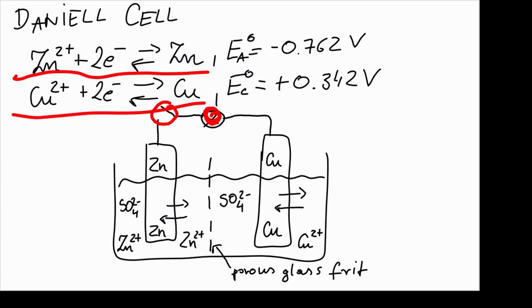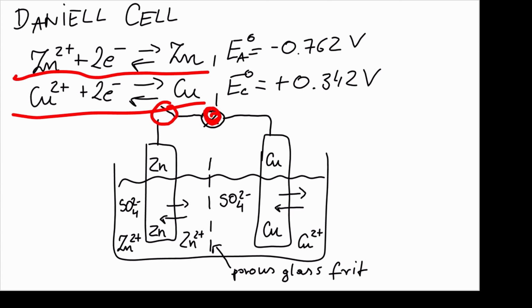In such conditions, I mean open circuit conditions, both of these reactions, I mean oxidation and reduction, proceed at the same time and at the same rate on the surfaces of both metals. What does it mean?